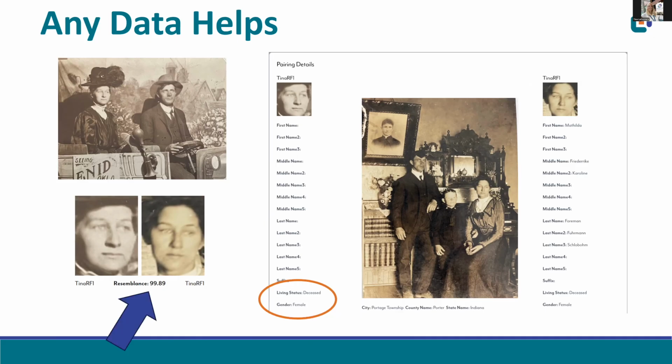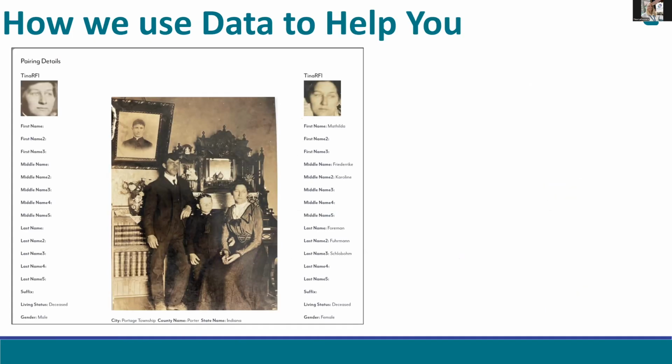If you look here, you can see that those two bits of data have now increased my resemblance score to 99.89. Now, just to show you how the data you enter can help bring the best candidates to the top and lower the less likely candidates, I've decided to have a little fun with the data.